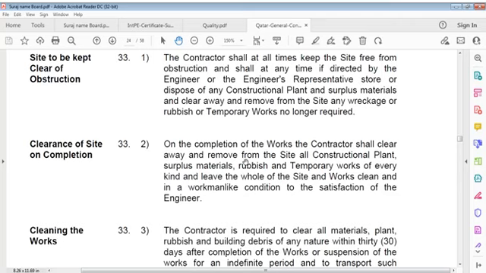Site to be kept clear of obstructions. The contractor shall at all times keep the site free from obstruction, and if directed by the engineer or engineer's representative, store or dispose of every constructional plant from site, whatever wreckage or rubbish or temporary works no longer required.